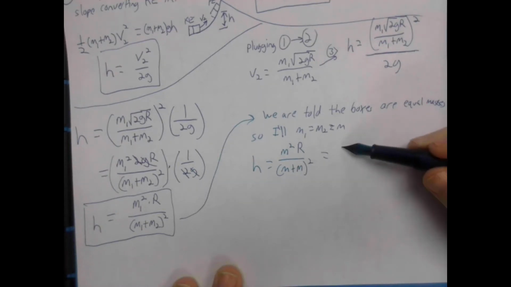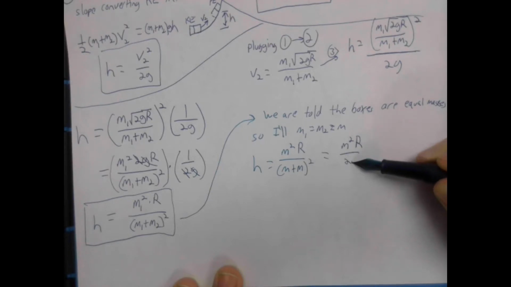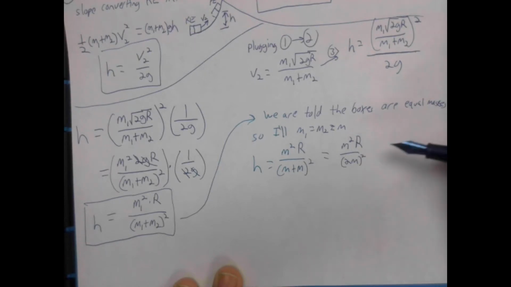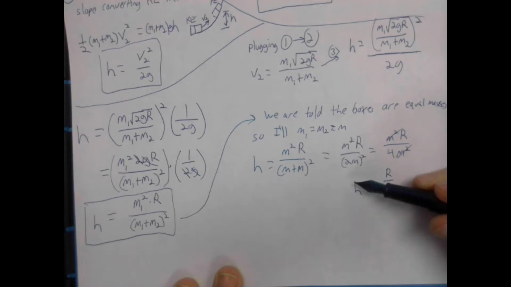This is equal to m squared times r over 2m squared. Distributing the 2 to everything inside that's multiplied, that'd be 4 times m squared. M squareds cancel out, and the answer is 1/4 of the radius.